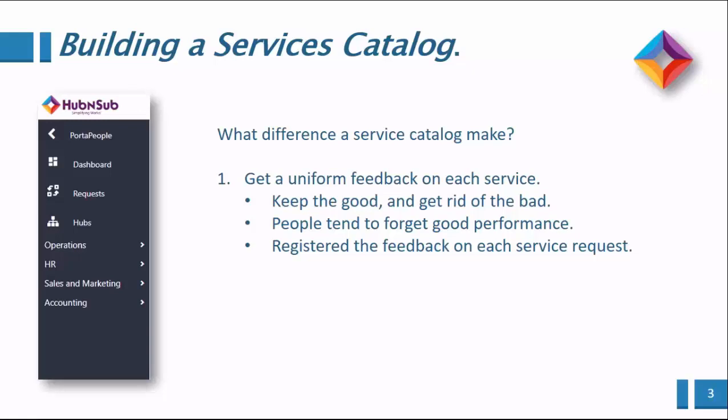Similarly, here in HubnSub, we provide the customer with an instant way to provide feedback on each service they take, and meanwhile the organization heads and management can utilize this and understand what the good services and the bad services are, who the good service teams with great feedback are, and which ones constantly have bad issues, so they can understand and sort it out.